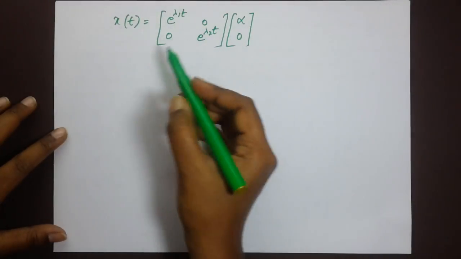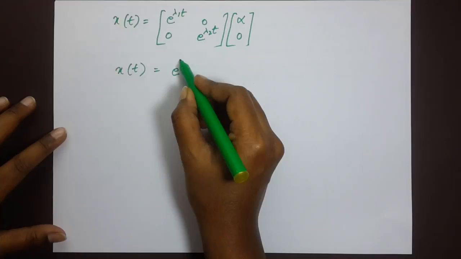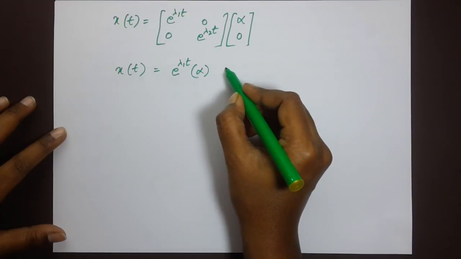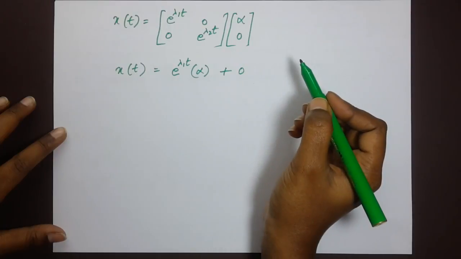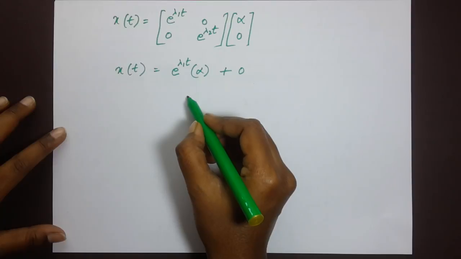Now if we multiply both of these matrices, we get e power lambda 1t times alpha plus 0, and the second element would be 0.